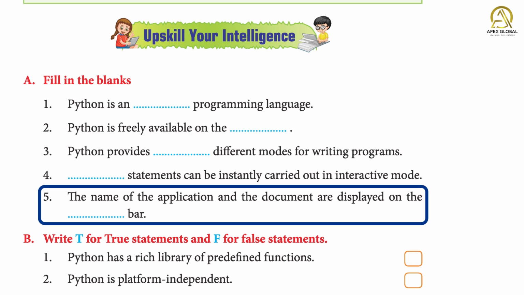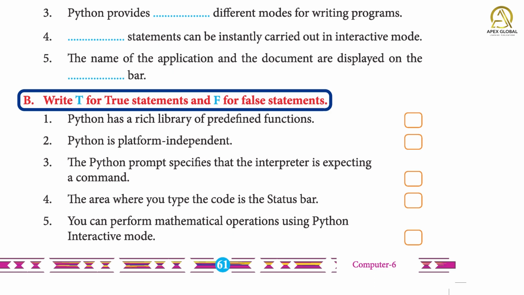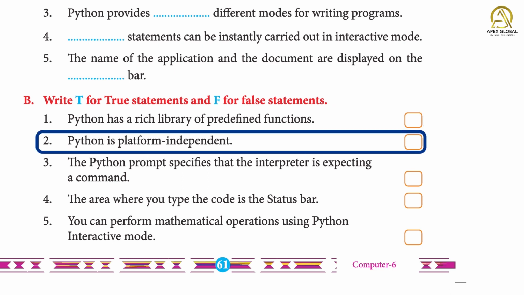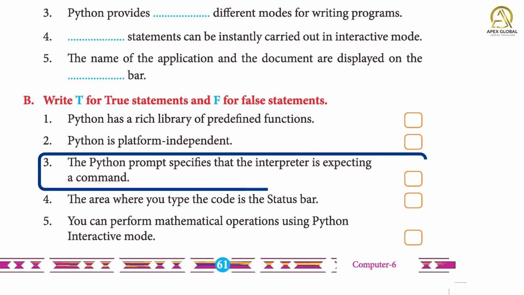Answer: title. B. Write T for true statements and F for false statements. 1. Python has a rich library of predefined functions. Answer: true. 2. Python is platform independent. Answer: true. 3. The Python prompt specifies that the interpreter is expecting a command.